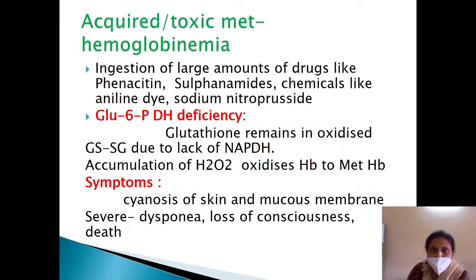Acquired methemoglobinemia may also be due to deficiency of the enzyme glucose 6-phosphate dehydrogenase.